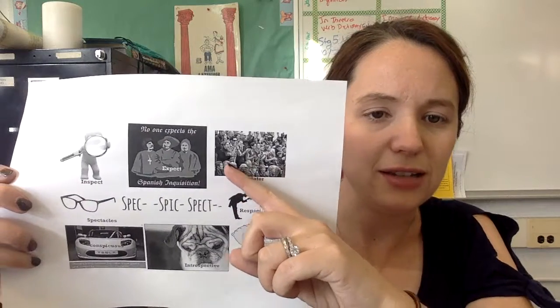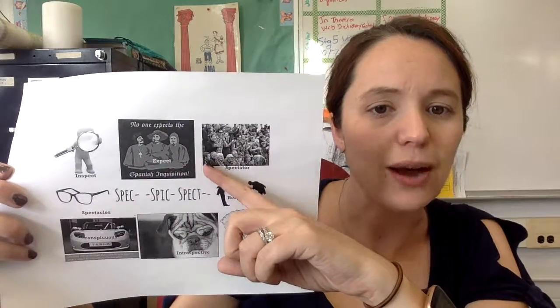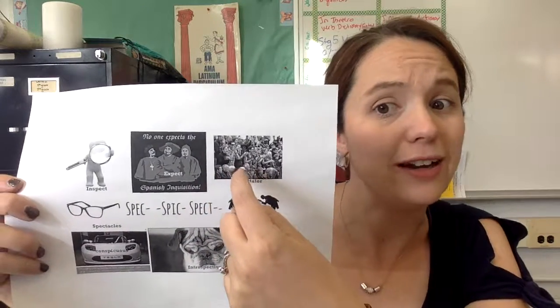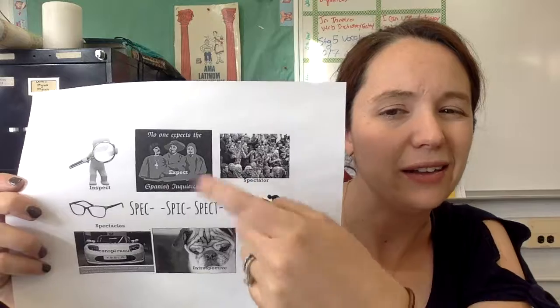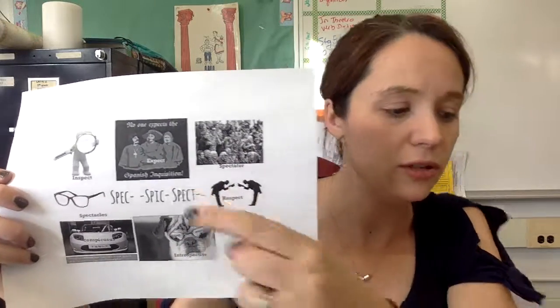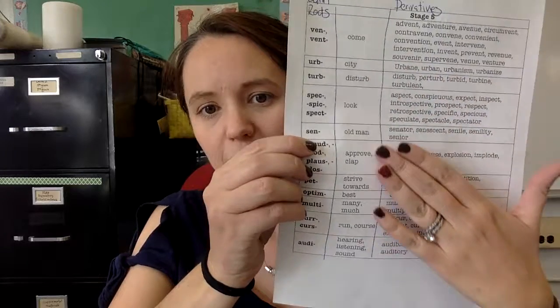Like inspection is when you go look at things. A spectator is someone who watches. And so I gave you pictures to illustrate those derivatives. I find that sometimes what kids do is they just find spectator written in a cool way, but that's not really illustrating what the word means. You need to show me what the word means. So choose one root, and then find pictures to illustrate all of these derivatives right here.